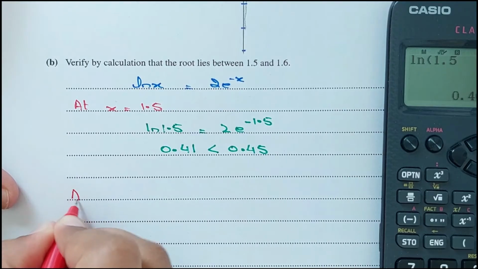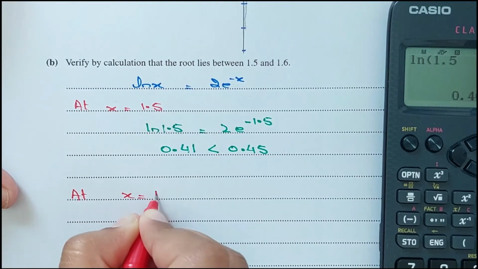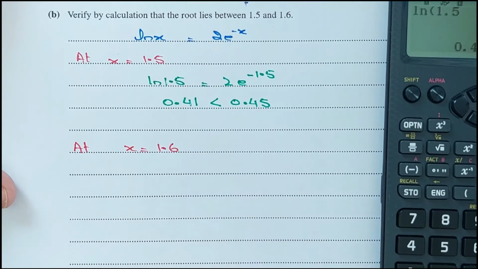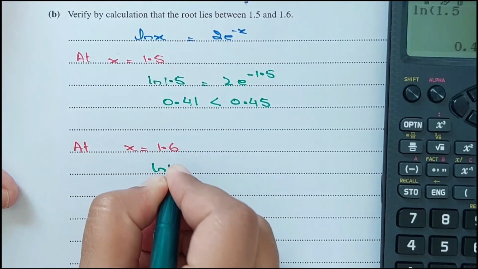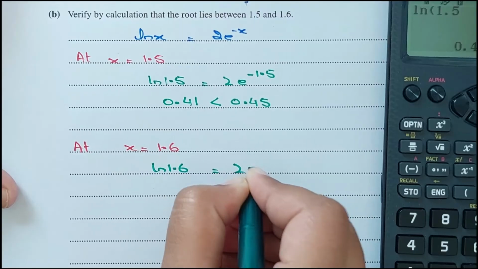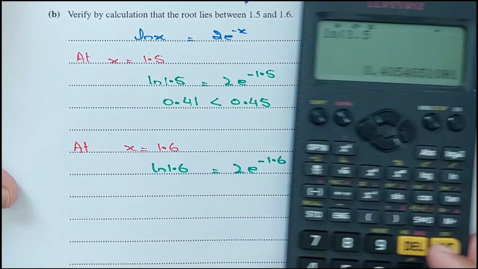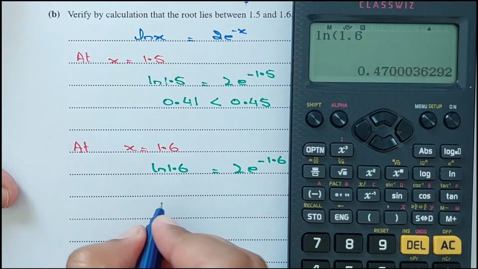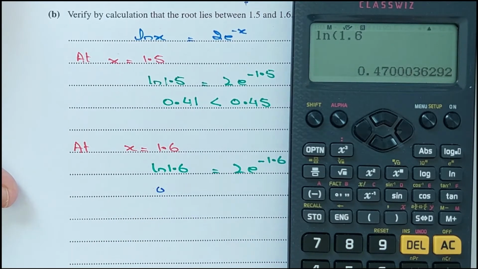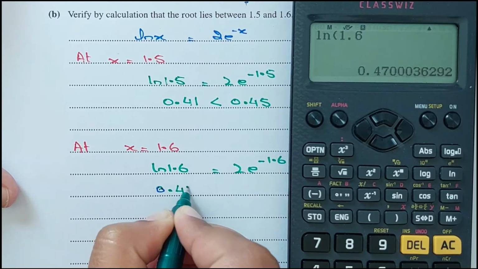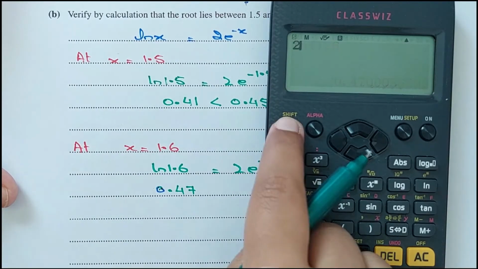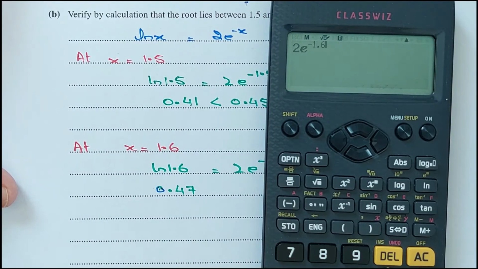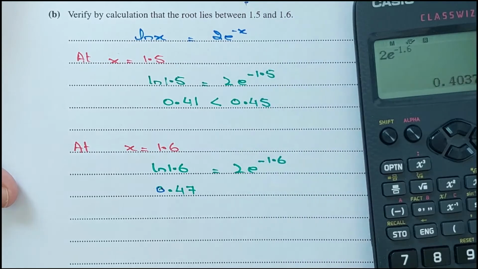Now the other one at x equals 1.6. We can take ln of 1.6 equals 2e power minus 1.6. Okay, ln 1.6 is 0.47, and 2e power minus 1.6 is 0.40.